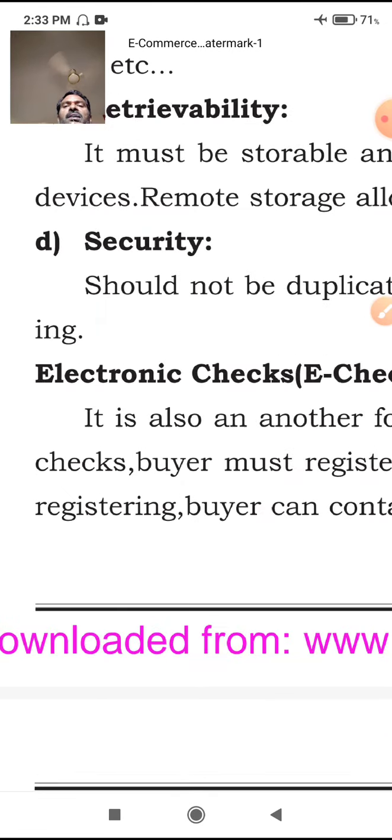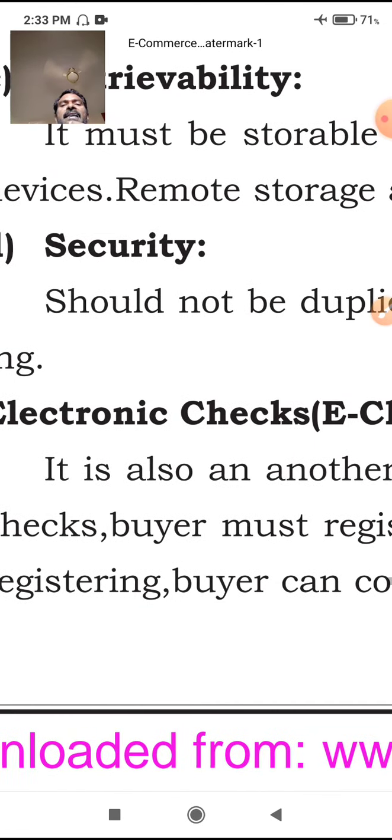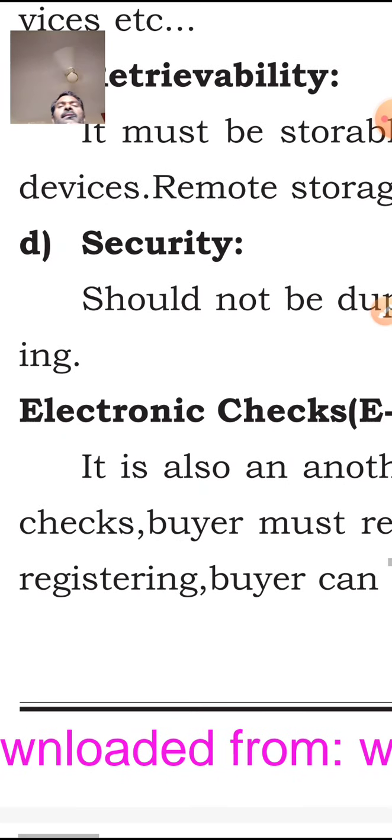Then last but not least, high security. Why? Because this is a matter of money. Every business organization and every customer gives utmost importance to the money. That's why while the money is transferred from the buyer to the seller or seller to the buyer, the most security is given by the EFT application.